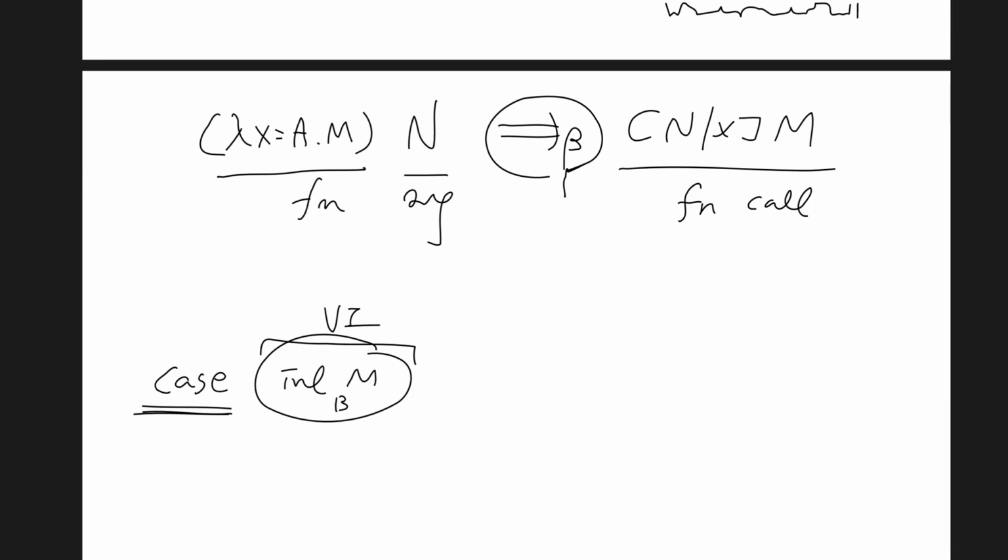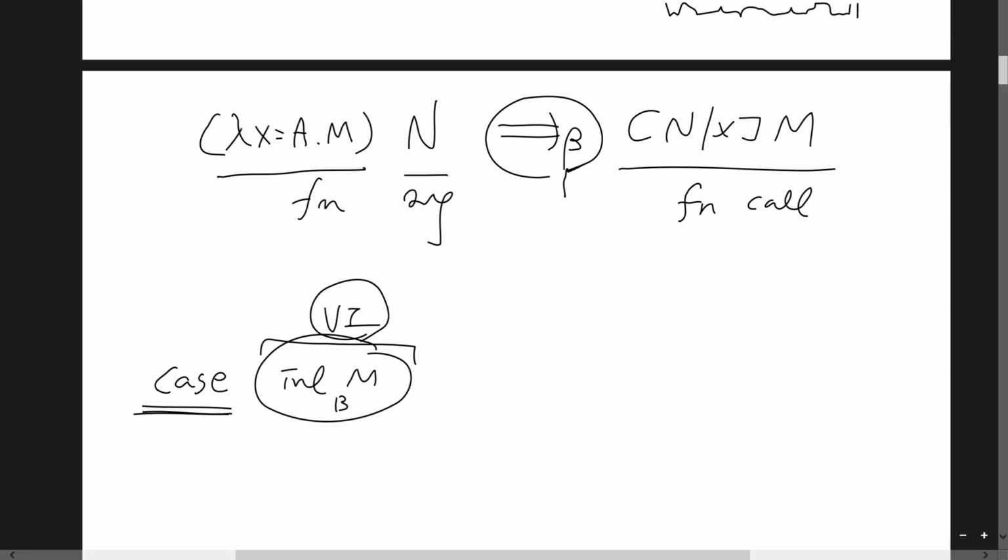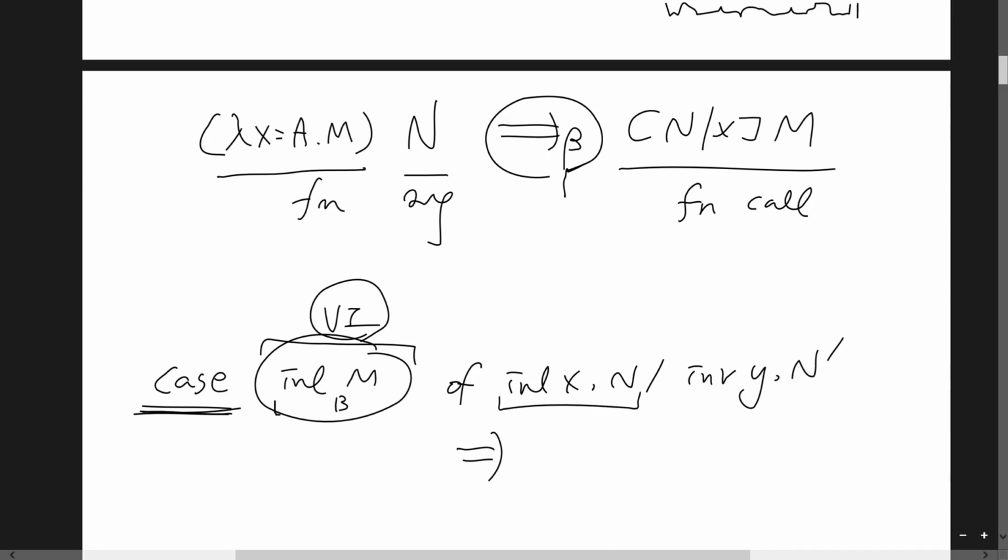So we have this detour, introduction followed by elimination rule. So if this is injection left x N or injection right y of N prime, then you automatically take this left branch because it's clear from the syntax.